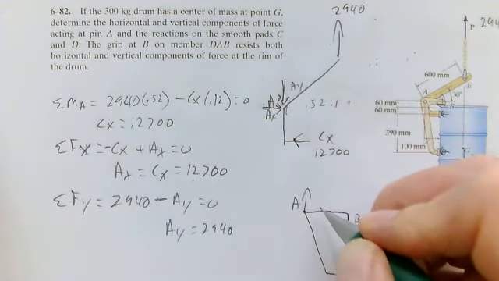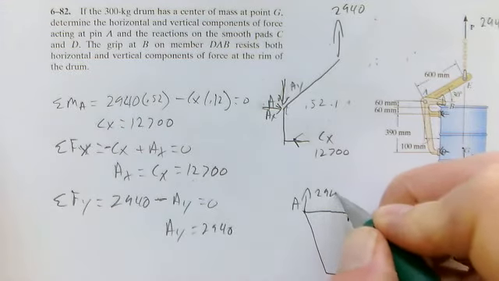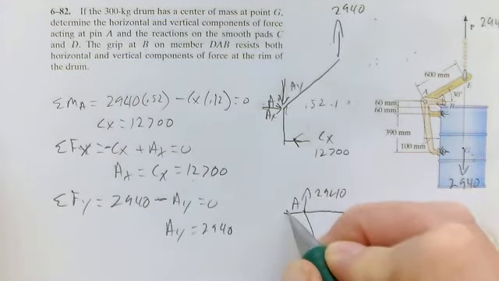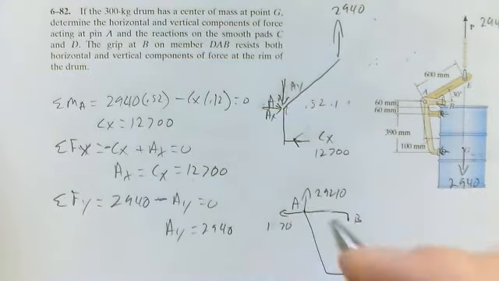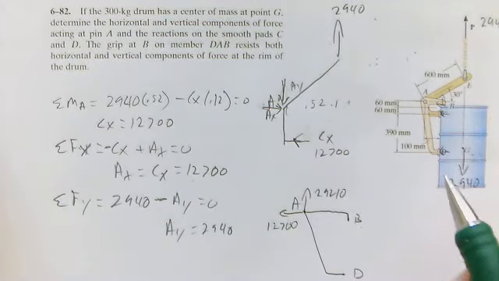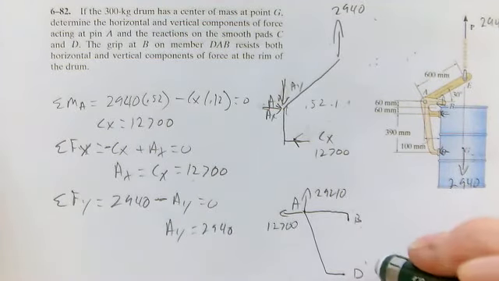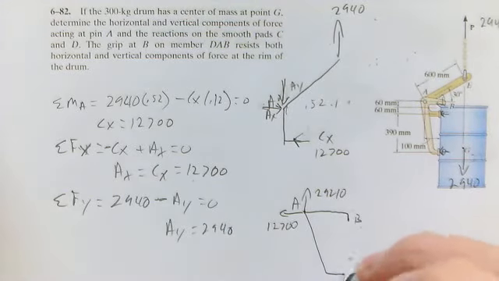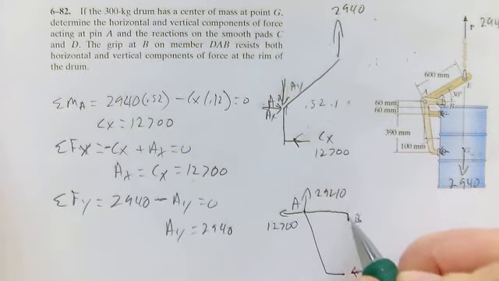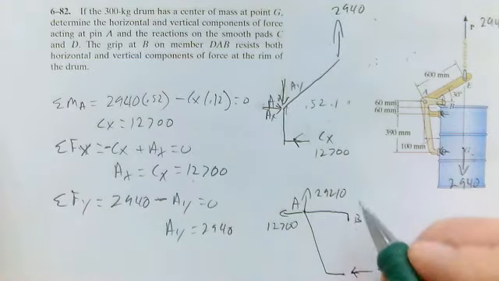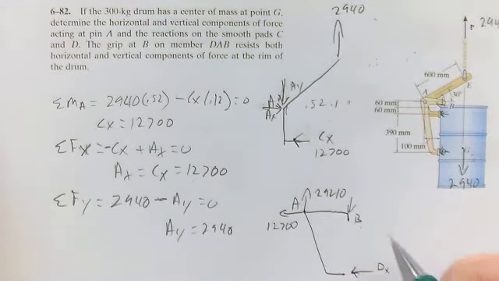So we got a force up at 2940. We got a force to the left at 1270. Okay, so 1270, and then at D, we're going to have a force out. So D in the X, and B will have an X and a Y. The Y is going to be down. The X is going to be that way.